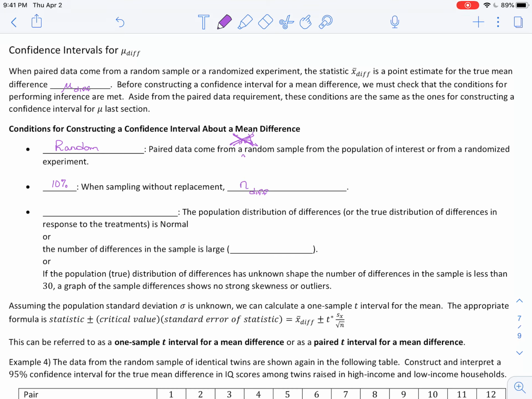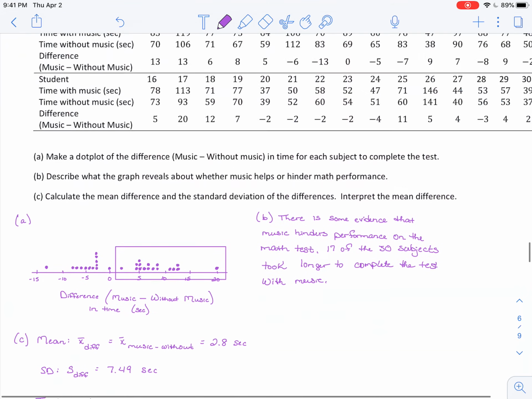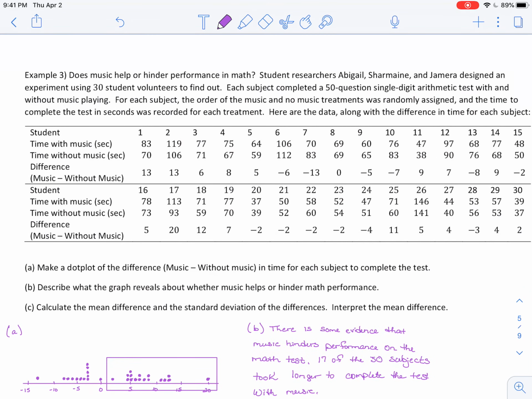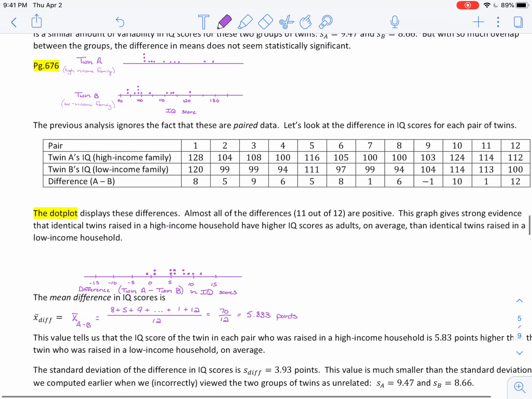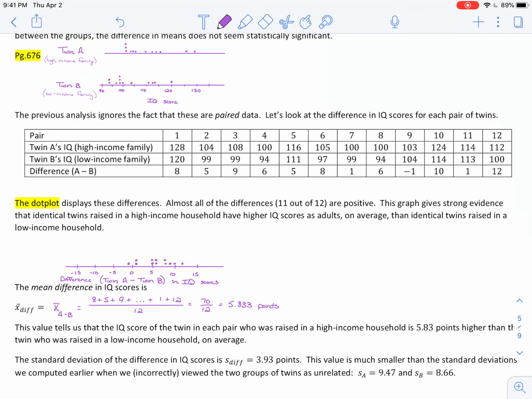You still have the 10% condition. This is not a two sample test we're doing. I'm just looking for the number of differences being less than 10% of the population of differences. The number of differences literally means you get your two groups of people, how many differences do I have? So there were 15 on the top row, 15 on the bottom row. There are 30 differences altogether.